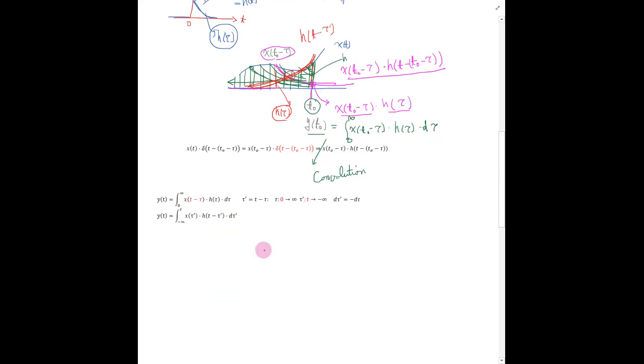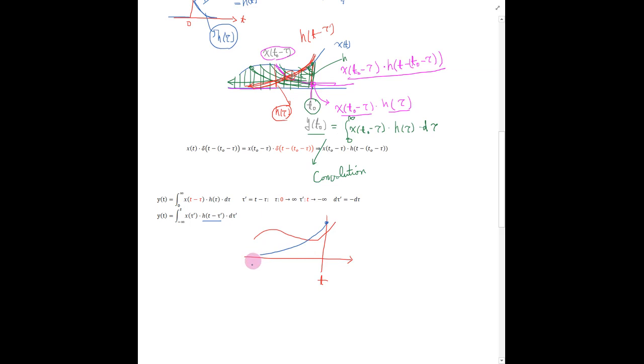I can rewrite this one. The input is applied like that, and we would like to measure the output response at time t. Then we plot this one, with tau prime changing from t to minus infinity. If tau prime is t, then it's h(0), that's this point. If tau prime goes to minus infinity, then this term goes to infinity, so in this direction.